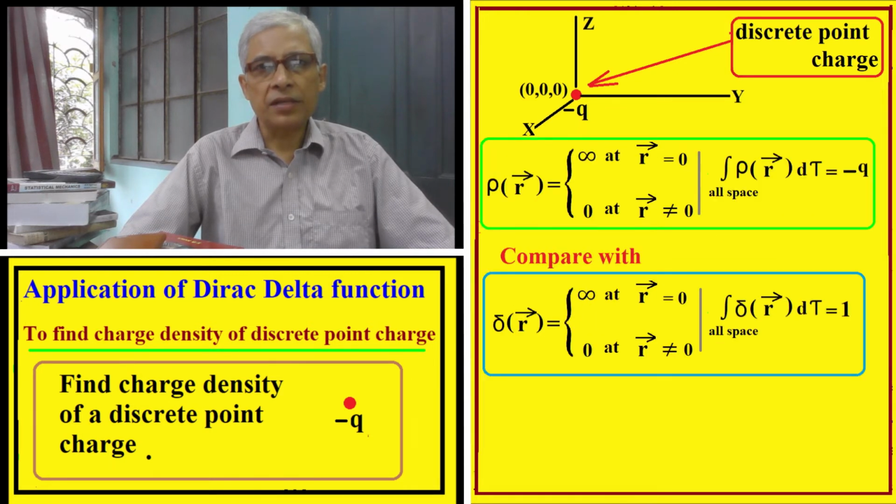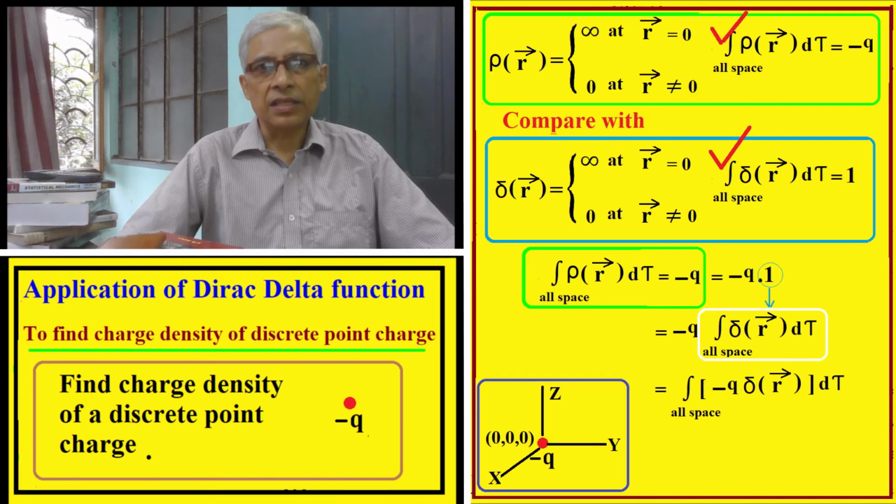Let us compare the results of the charge density rho with the three-dimensional Dirac delta function shown in the blue box. Our aim is to derive the charge density of the discrete charge, namely the point charge minus q at the origin. Let us focus attention on the two integrals indicated by means of the red ticks.